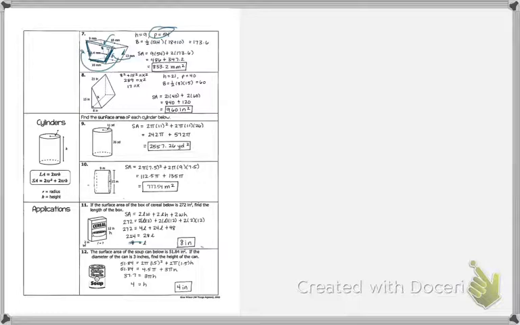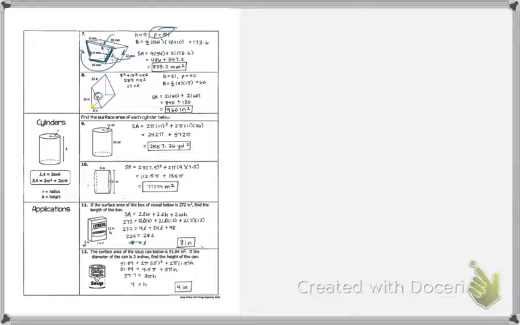But let's check a problem like number 8. I won't be able to solve that perimeter until I find x. But lucky for us, we have a right triangle right there.